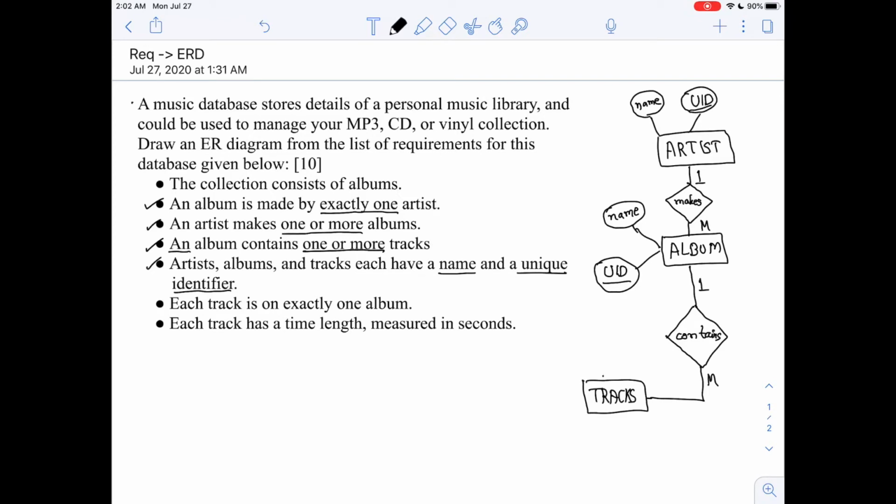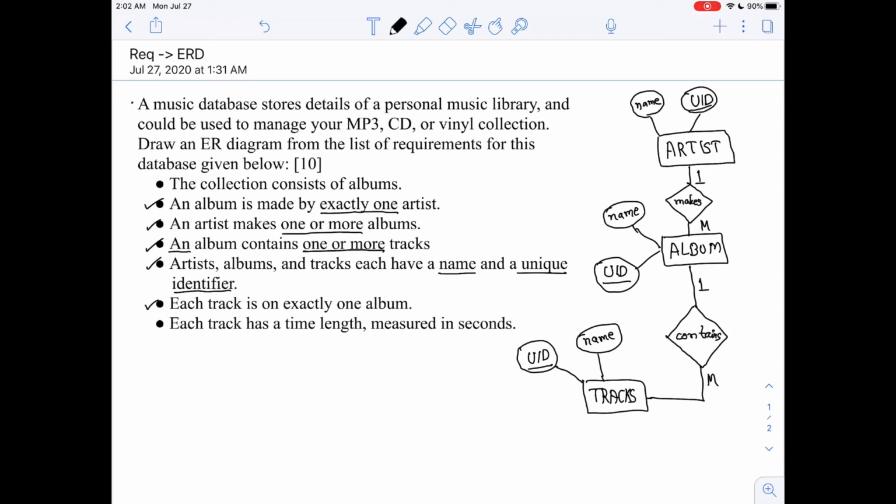So let's do the same thing for tracks as well. So name and unique identifier. Okay, so let's read the next requirement, which says each track is on exactly one album, right?